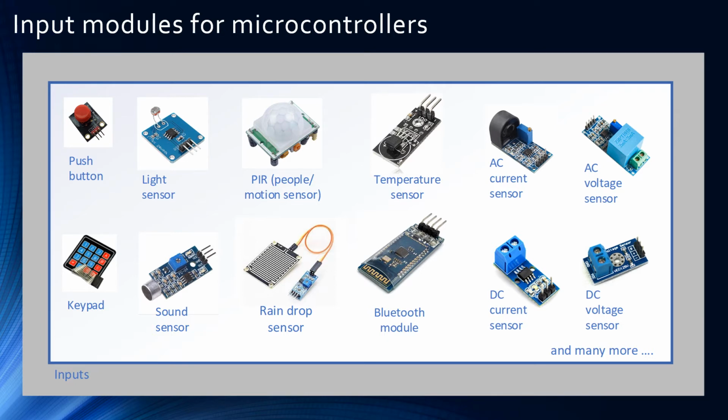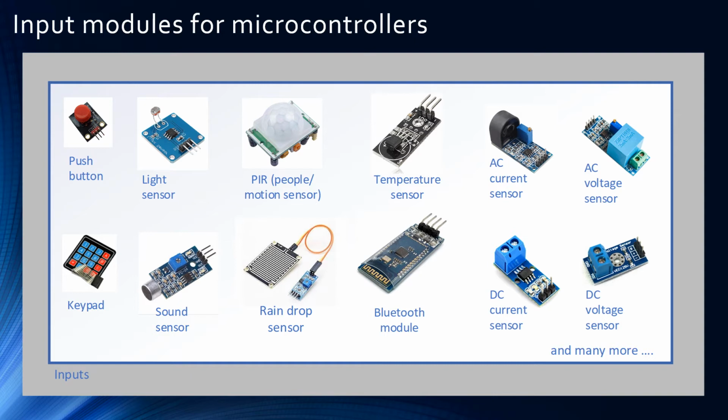Let's say if you want to make the alarm system, when there is a person passing a door, the alarm goes off, so you need some kind of people detection. So in this case, you need the PIR sensor. Maybe in another project, like if you want to detect the rain and then give you an alarm, then the input for this application will be a raindrop sensor.